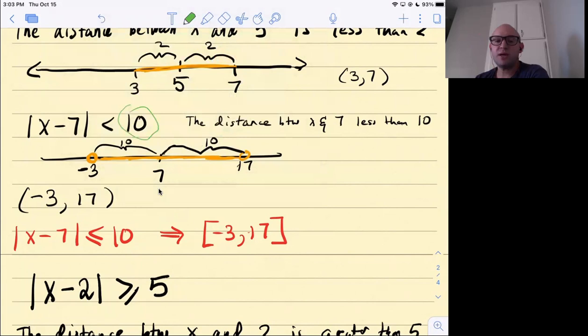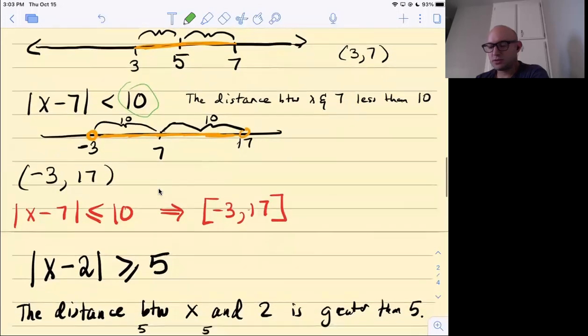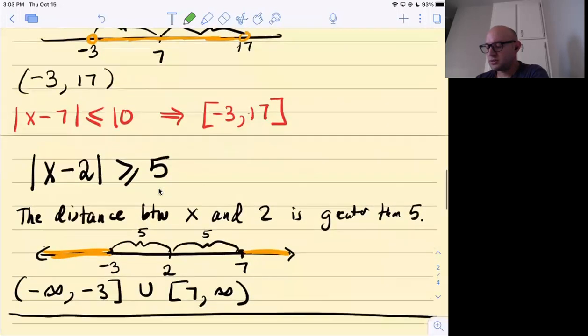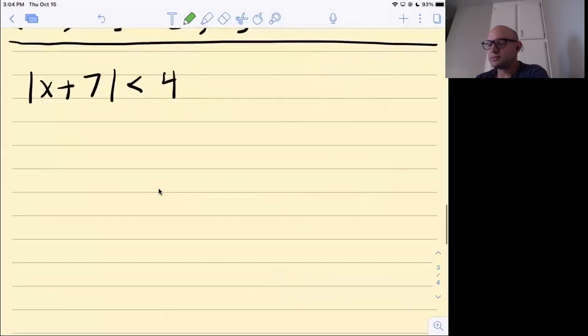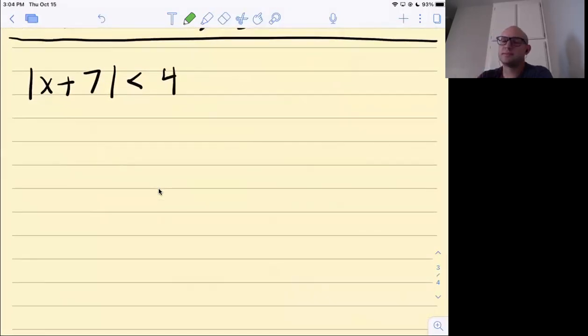So there's never a way you can have a distance be less than a negative. And later in the course, we will do more complicated inequalities where we will have to do it algebraically. But just these basic ones, I do want you to know this method of doing it.